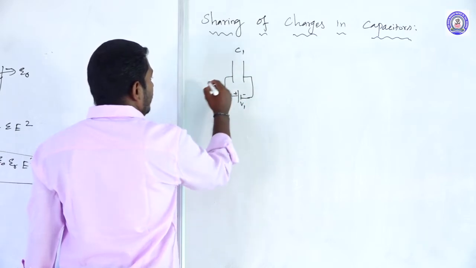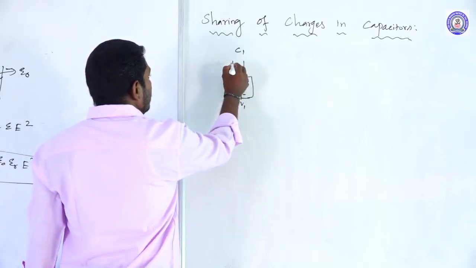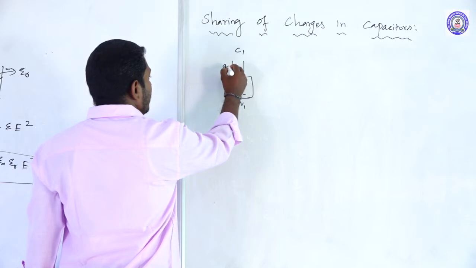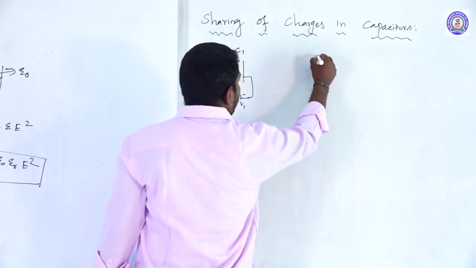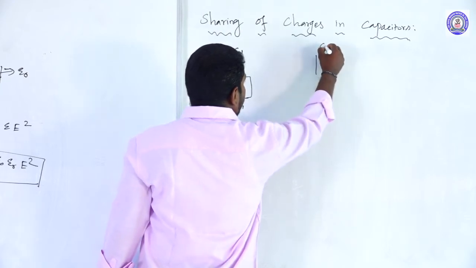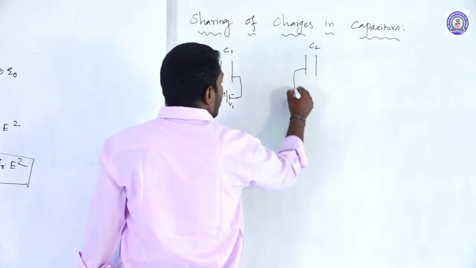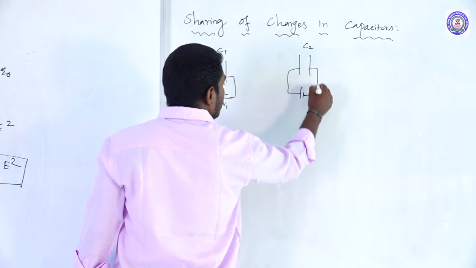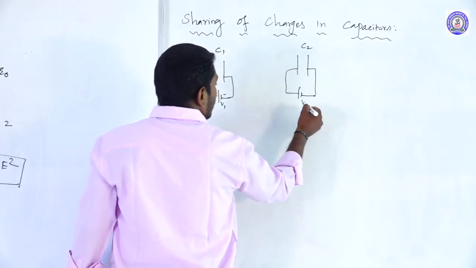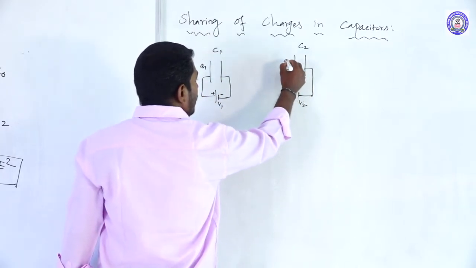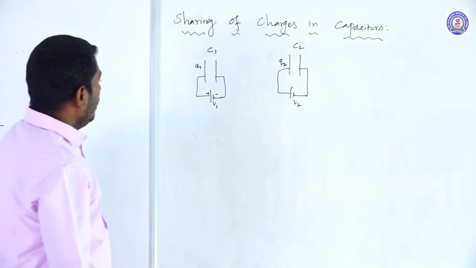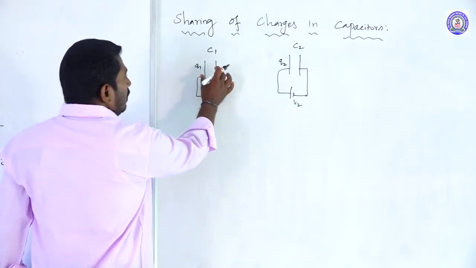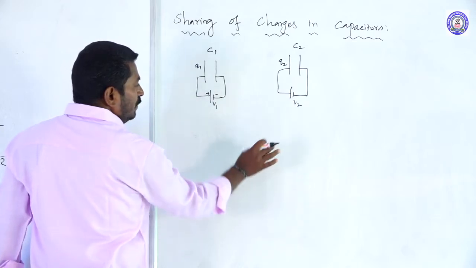Due to the potential difference V1, the charge on the capacitor C1 is Q1. Next, another uncharged capacitor has a capacitance C2 and is charged by a potential difference V2. Due to the potential difference V2, the charge on the second capacitor is Q2. Now both capacitors are disconnected from the battery.